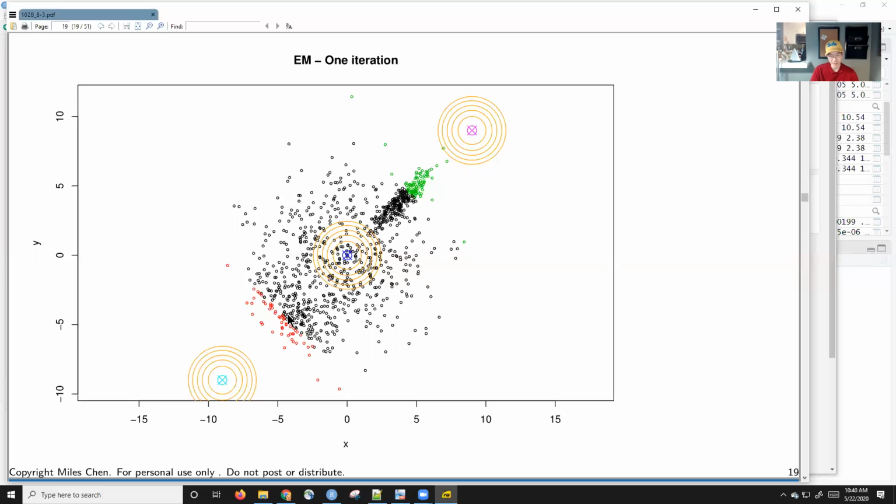This point is either going to get colored black or red. But technically, everything here gets a probabilistic assignment. All of these are kind of on the border. Like this one is probably something like 51% red, 49% black, and this one over here is probably 49% red and 51% black. But when I color them, I just have to say which one is the highest value.